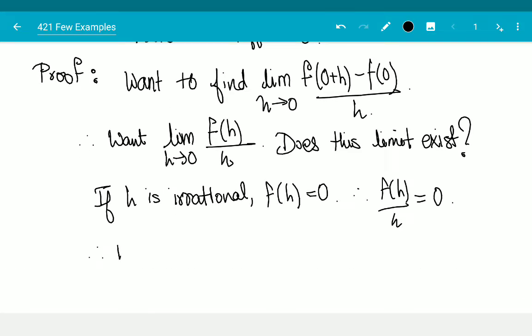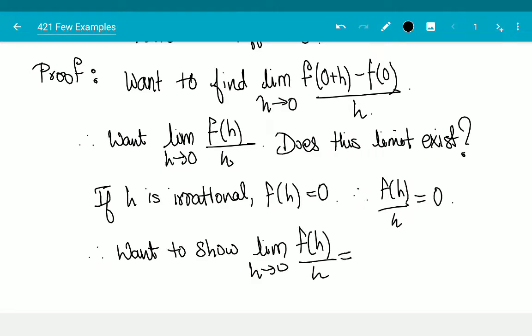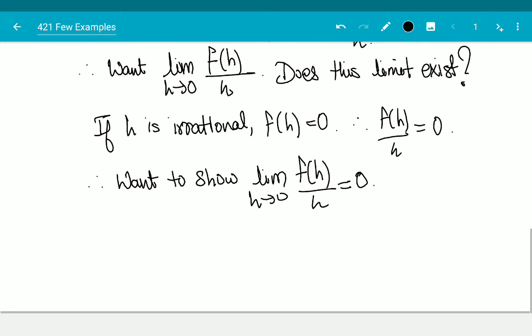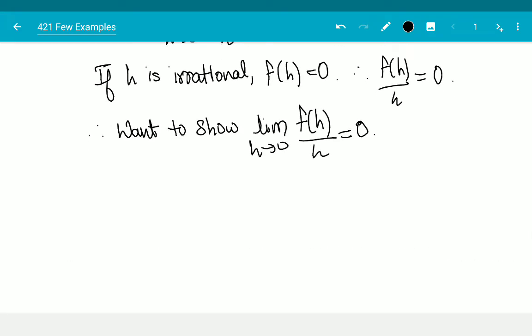So, therefore, we want to show the limit as h goes to 0 of f of h over h is equal to 0, right? This is trivial when I'm looking at h irrationals, but I want to show that this limit is 0 even for rationals tending to 0.